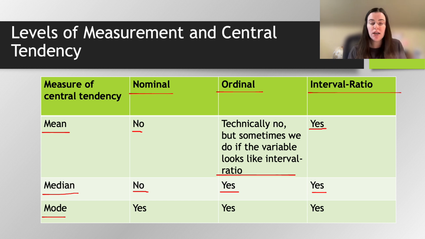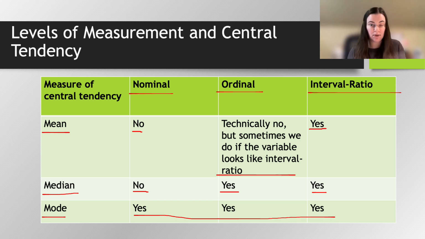Lastly, for the mode, this is the measure of central tendency that we can find regardless of the level of measurement that we're dealing with. We can find the mode for any of these. Reason being, the mode is simply looking at what is the most common value. So it doesn't matter whether or not that most common value has a numerical attachment. It's simply the observation that has been repeated the most times.